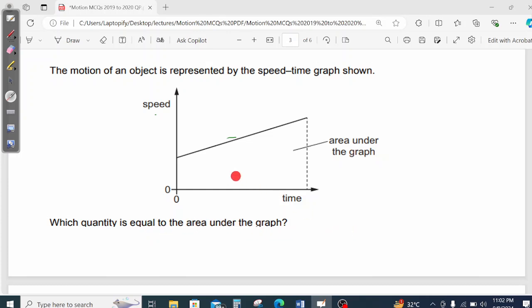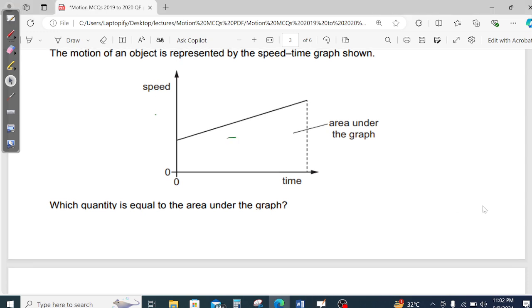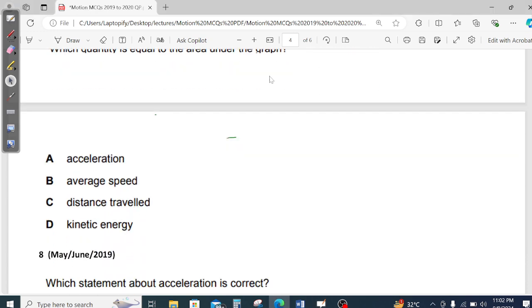Again, I am repeating here, the area under the curve of a speed time graph gives us the distance covered by the object. So you must directly focus on the distance. This is your distance, so your option will be C. Is it clear?